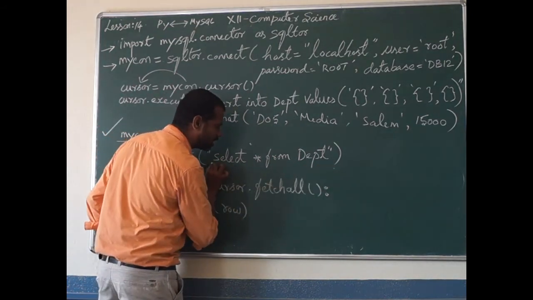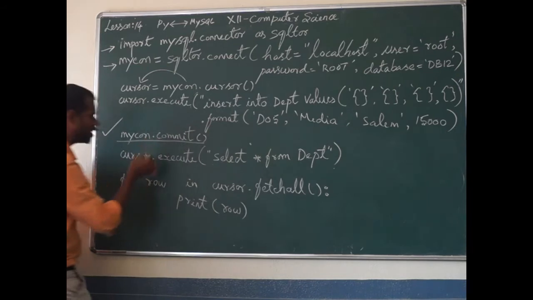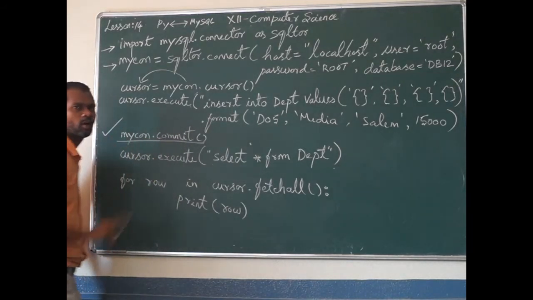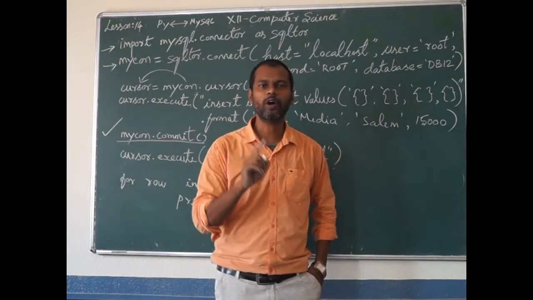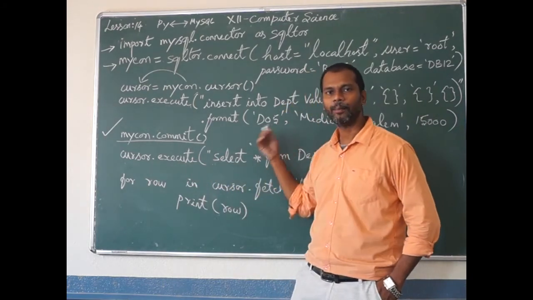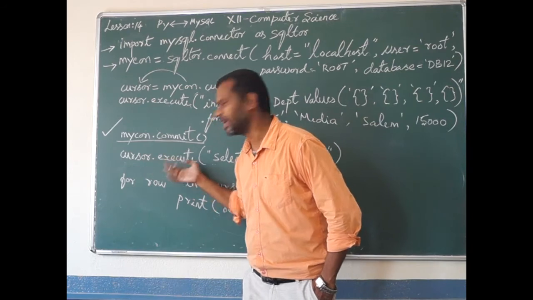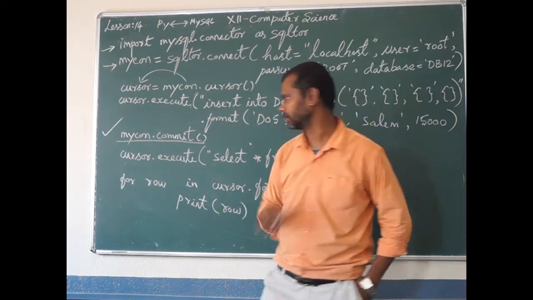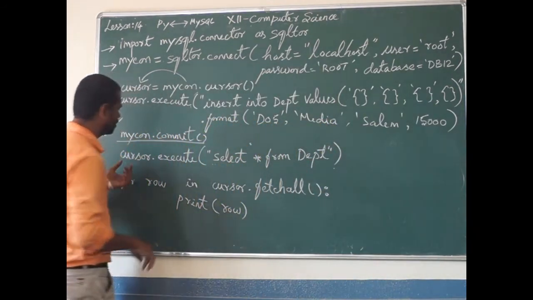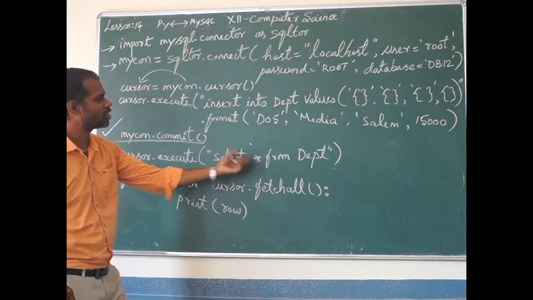If you are giving SQL code, before that you have to do cursor.execute. One more question: if you are going to write SQL code, before that what do you write? Cursor.execute. Understand? Okay. Fine. So cursor.execute select star from dept.